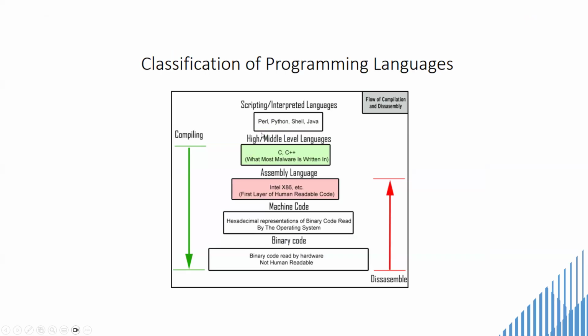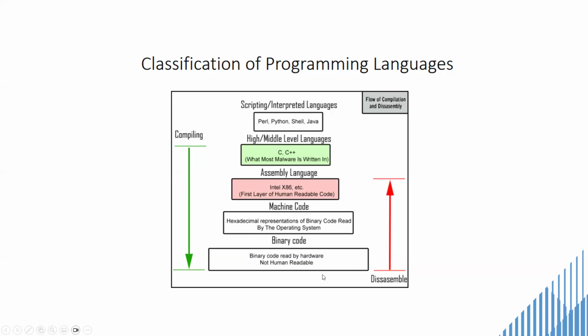So if you can see here, this is the structure of the programming languages. We are here, like Java, Shell, Python, and Perl. These are interpreted languages or scripting languages, which one of your classmates also mentioned. Then we have middle level languages like C and C++. And as I mentioned here, assembly language is just adding, subtracting, multiplication of registers. Then we have machine code, which is binary code that is not human readable.